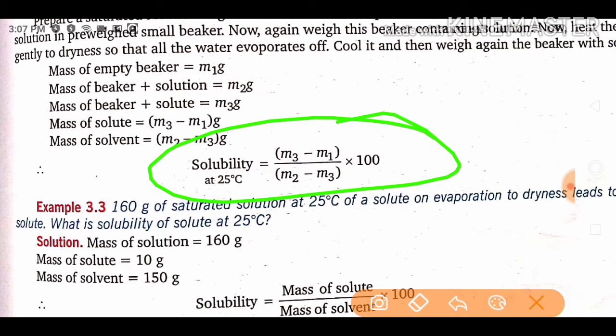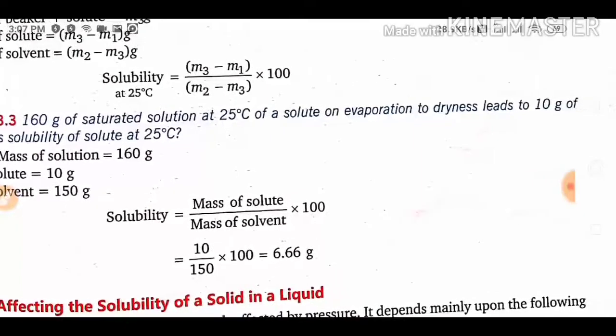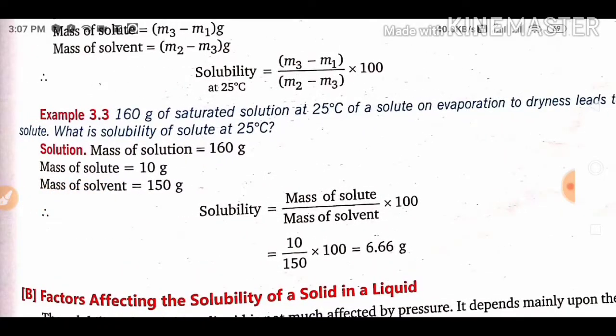You have been given examples also. 160 grams of saturated solution at 25 degrees centigrade of a solute, when evaporated to dryness, leaves 10 grams of solute. What is the solubility in water at 25 degrees centigrade? So your solution is here.